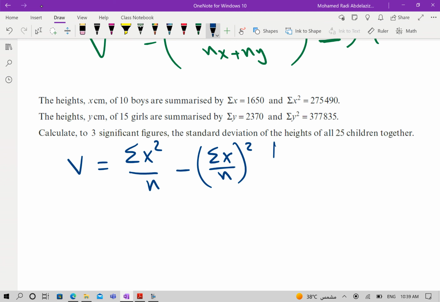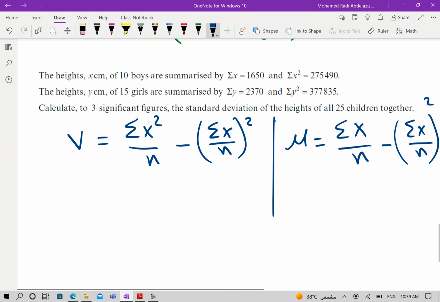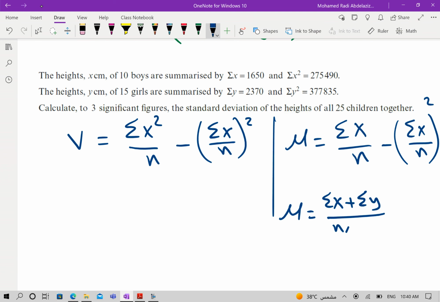So mu is sum of x over n, this is mu for only one group, but for both I will write like this: mu is sum of x plus sum of y divided by n of x plus n of y. To get mu, I'm sorry, I wrote variance, sorry.